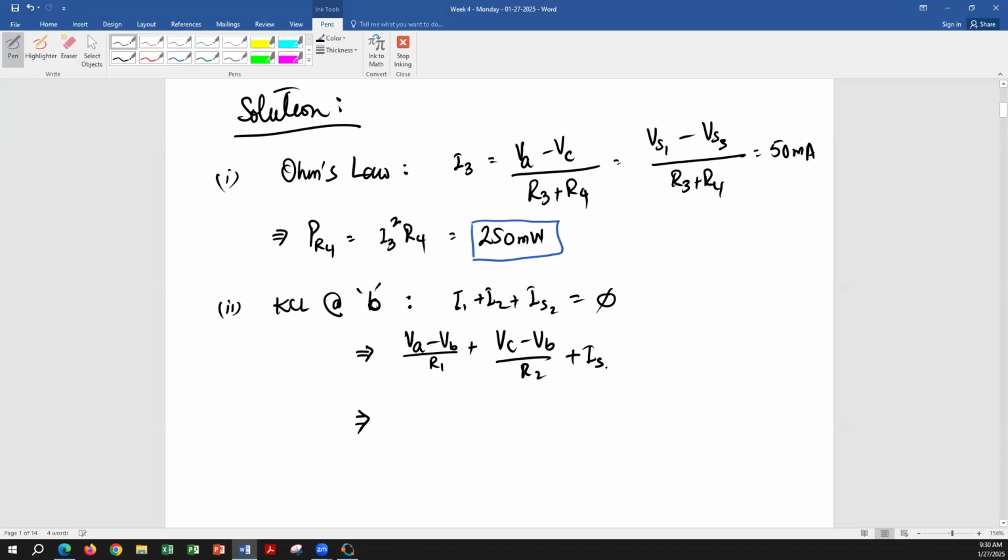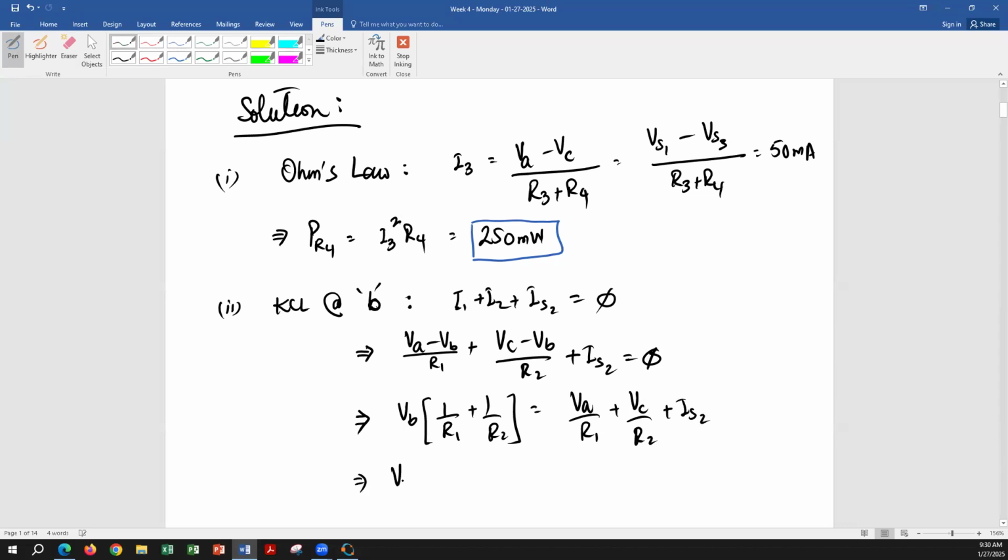Plus IS2 equals 0, and then take VB on the other side. So that's going to be VB, and the coefficient of VB will be 1 over R1 plus 1 over R2. And on the other side, I have VA over R1 plus VC over R2 plus IS2.